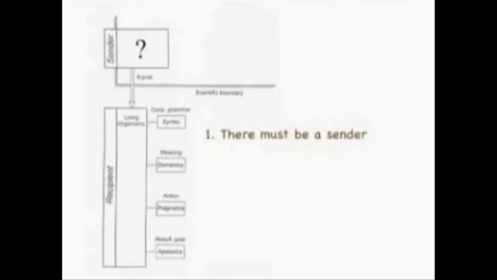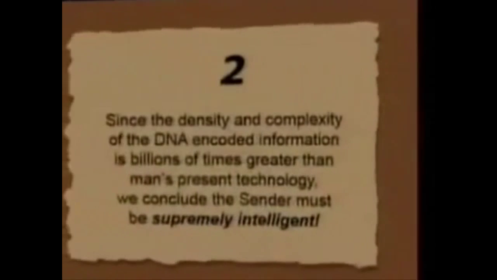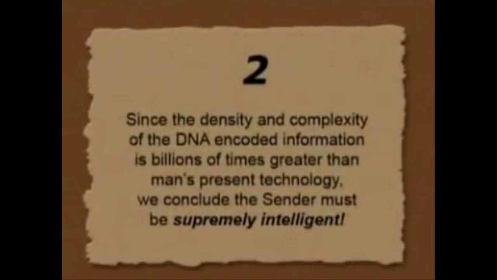But we can say more about the sender. Since the density and complexity of the DNA encoded information is billions of times greater than man's present technology, we conclude the sender must be supremely intelligent.